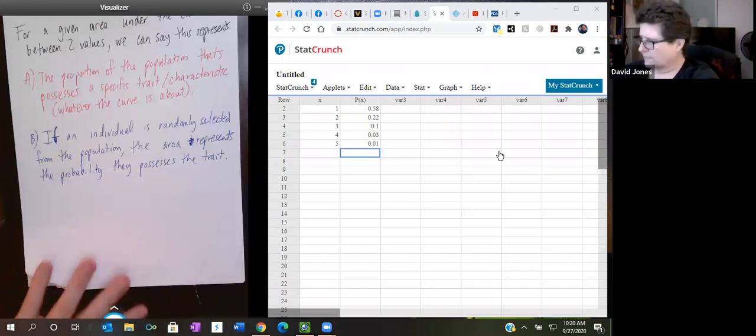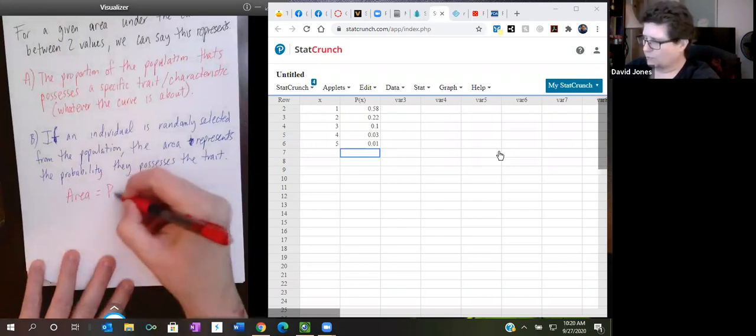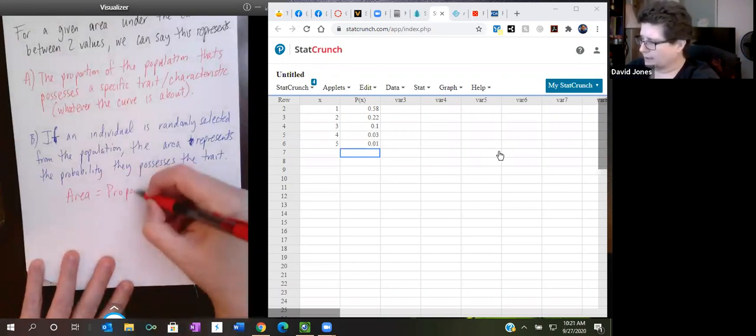So area is associated with proportion or probability.